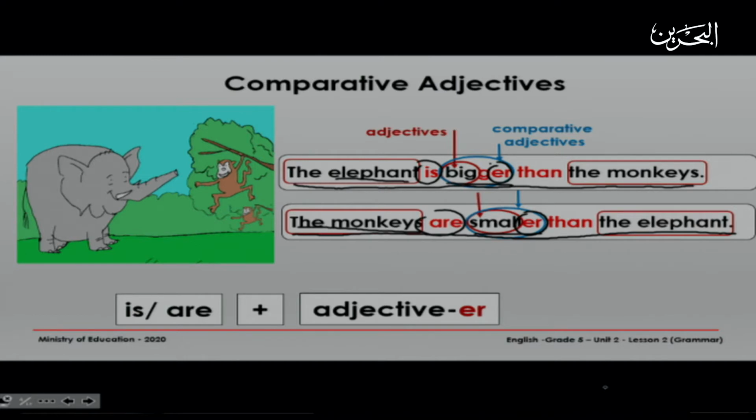At the end of the adjective, as I told you, you have to add ER, like here, bigger and smaller. Then you have to add the word than. Look here, bigger than the monkeys, smaller than the elephants. Is it easy? We will learn more.